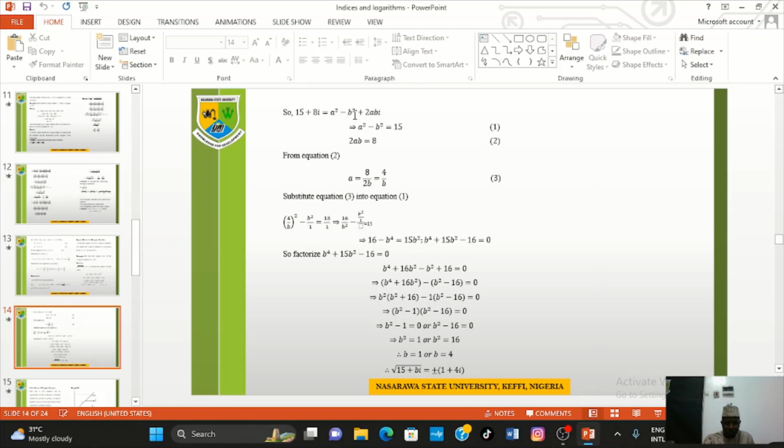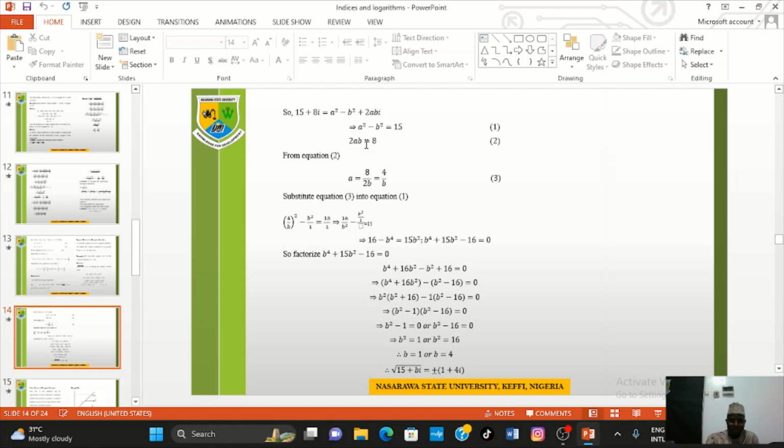So at this very point now, you equate the real part to the real part, meaning a squared minus b squared will be equal to 15, and the imaginary part will be equal to the imaginary 8i from this point.